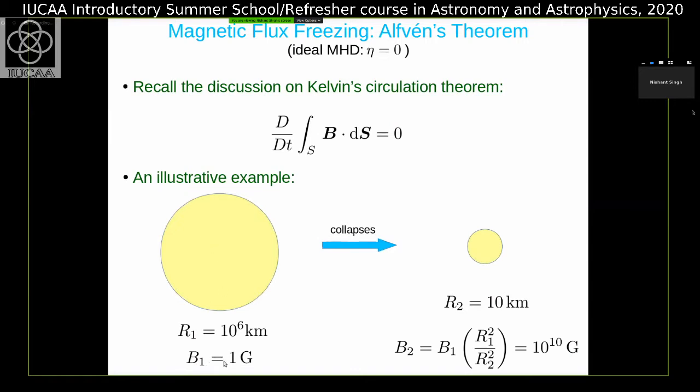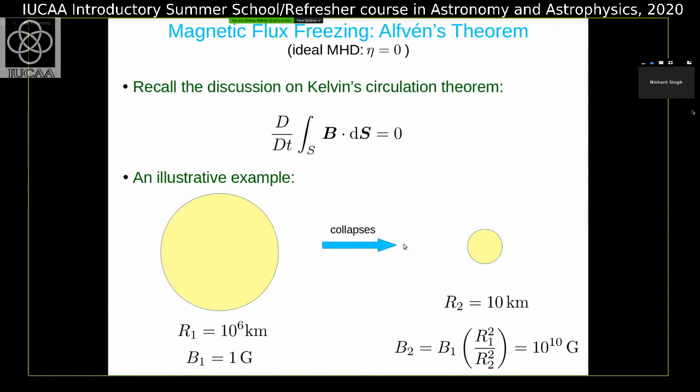It has a magnetic field of say 1 Gauss and a radius of say 10 to the 6 kilometer. The flux of the magnetic field through the star is B1 R1 squared, with 4 pi R1 squared as the area. That is a conserved quantity.